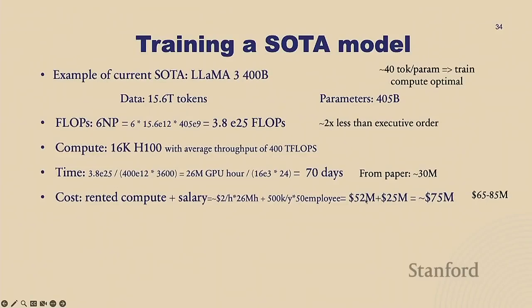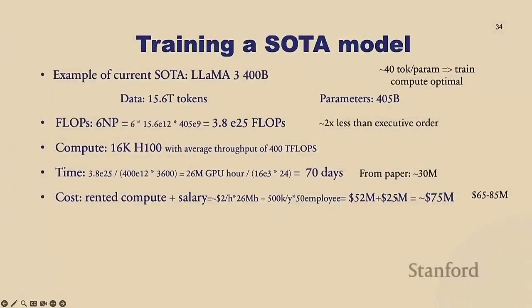They probably pay less than that, but not actually much less, because all these services that rent GPUs don't make that much money. So it's probably slightly less, but not that much less. Now salary: I said 50 employees, $500K per year. It's probably the right ballpark, 25 million. So if you put it all together, around $75 million for training this Llama model. I'm probably off by like 10 million, but that's the right ballpark.